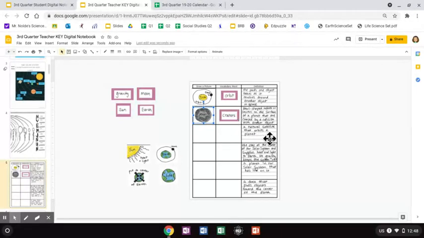A natural satellite that orbits a planet would be a moon. Oh, wait. Okay, so yeah, moon, and then what picture? Oh, it would be this picture. So this picture shows you the craters. This picture shows you the moon orbiting around the Earth or revolving around the Earth.